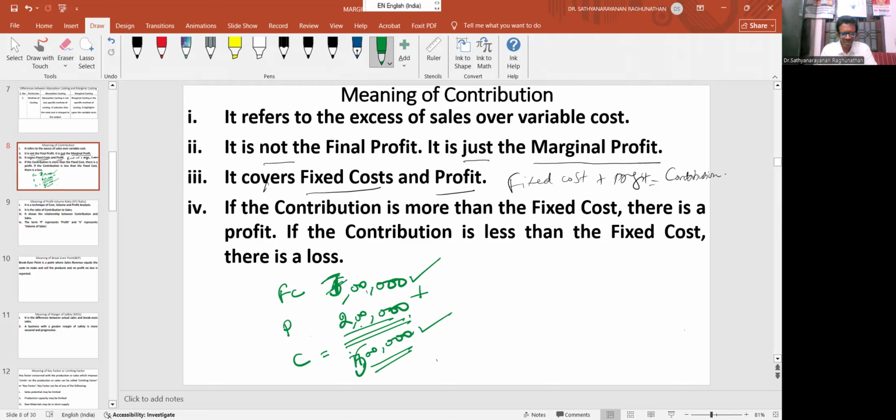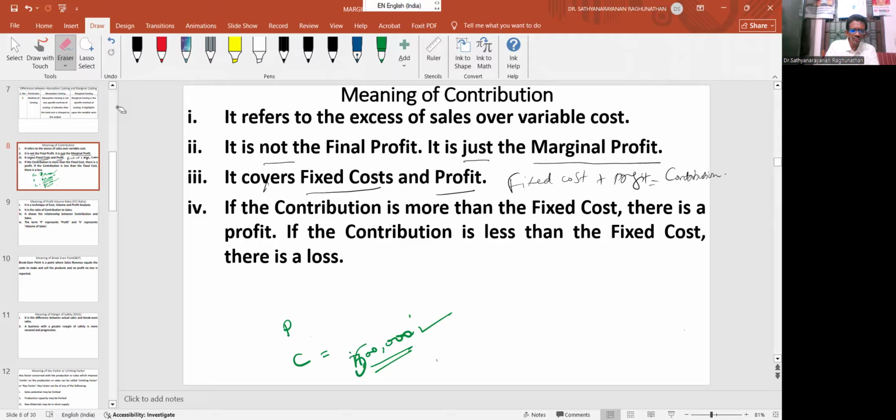If the contribution is lesser than the fixed cost, then there is a loss. Please take a screenshot of this.